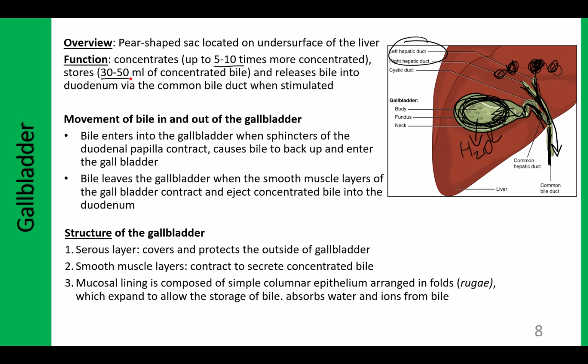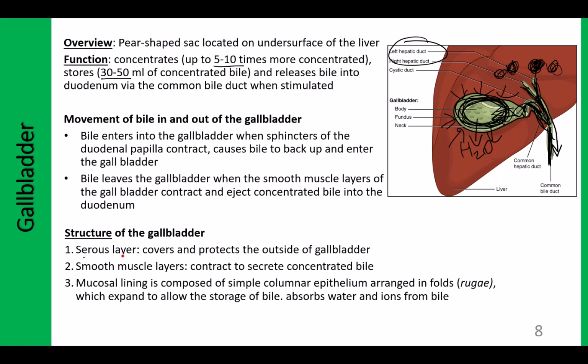And then when we need bile, the smooth muscle layers of the gallbladder contract, and then bile gets ejected back through the cystic duct into the common bile duct. The structure of the gallbladder is similar to the structure of other parts of the body.